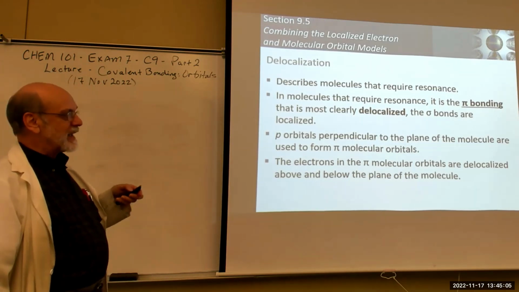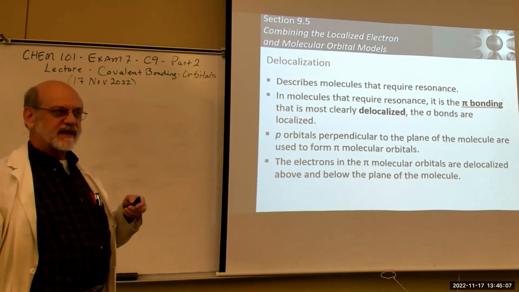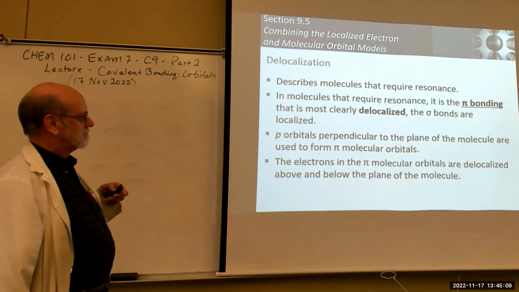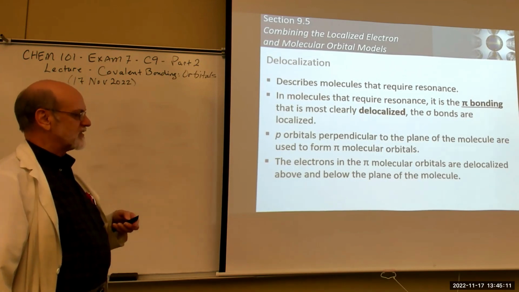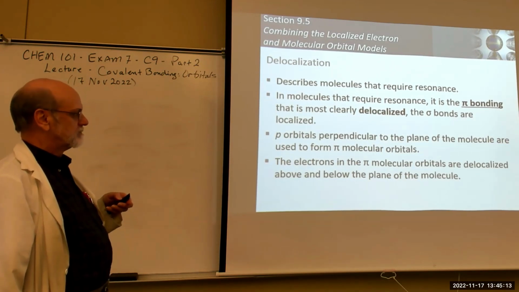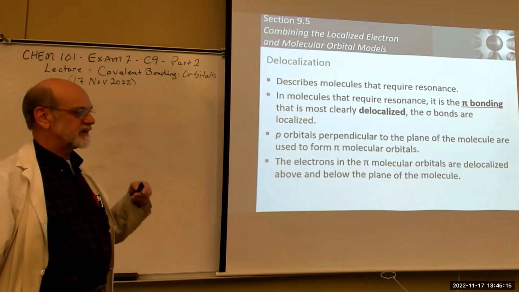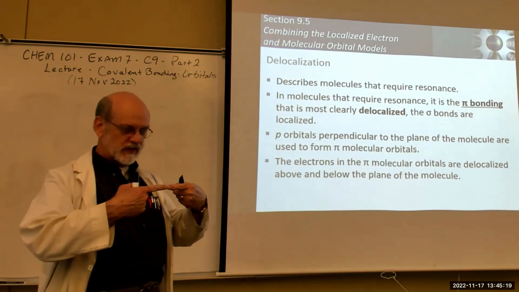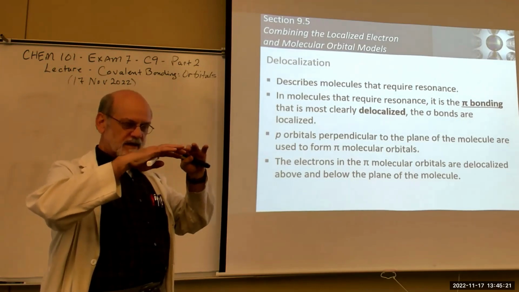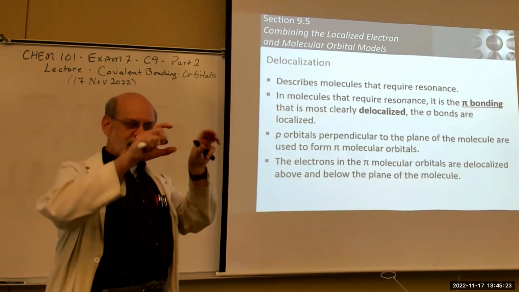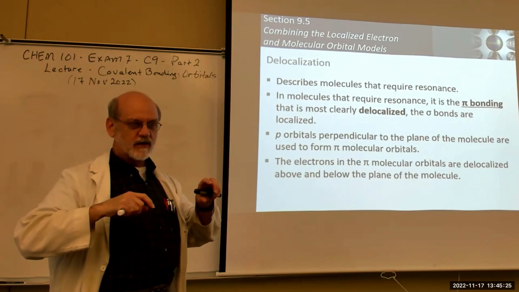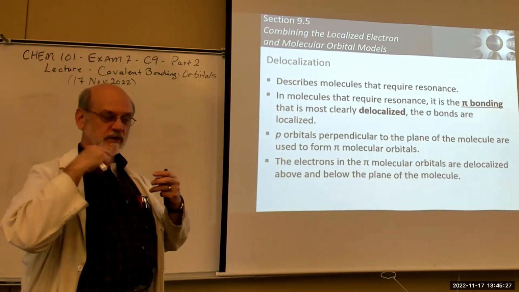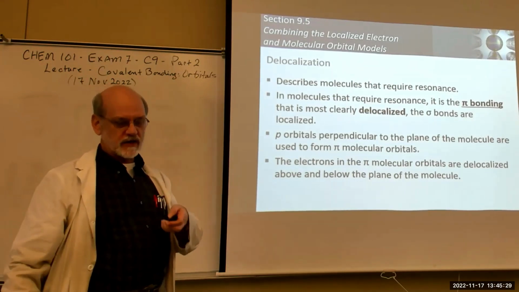So when we see pi bonding, think delocalizing of the electron density, whereas sigma bonding tends to confine the electrons between the nuclei. The pi bonding has electron density outside the axis, and therefore it's more susceptible to delocalizing throughout the molecule.